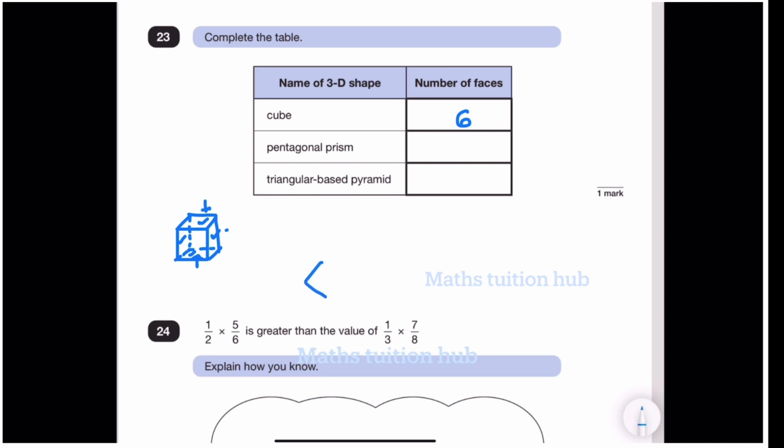Now pentagonal prism. So we have a pentagon on both sides, top and the bottom of the shape, and then 5 faces around the shape. So let's draw that first. So top and the bottom 2 shapes, and then 5 faces all around.